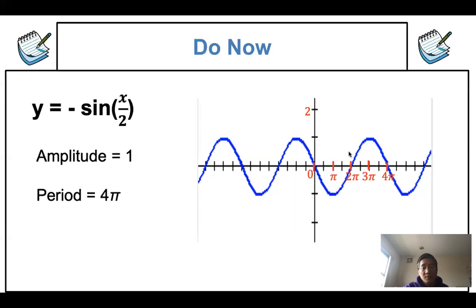What happened? This graph flipped over the x-axis. Why? Oh, it's because of the negative here, right? Because of the negative, positive values become negative, negative values become positive. So the negative made this graph flip over the x-axis. It's like a reflection over the x-axis.